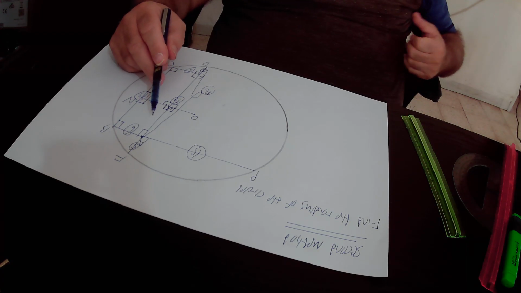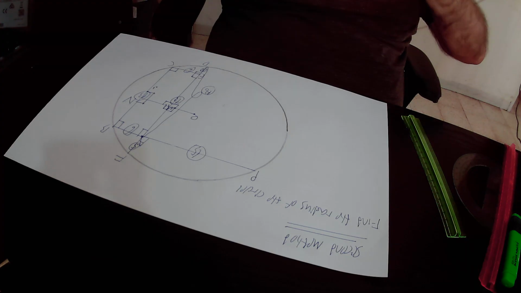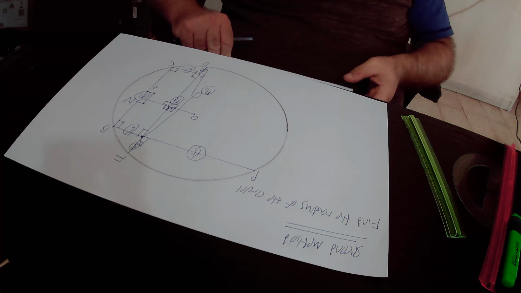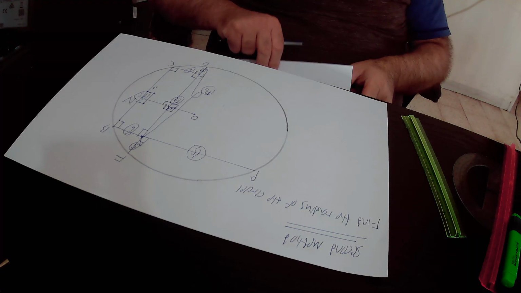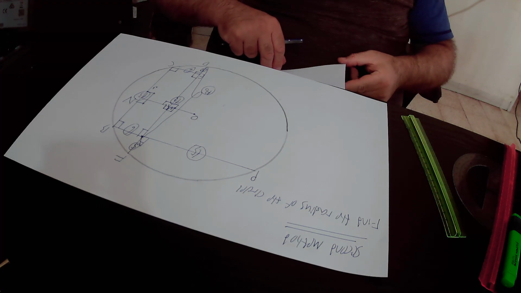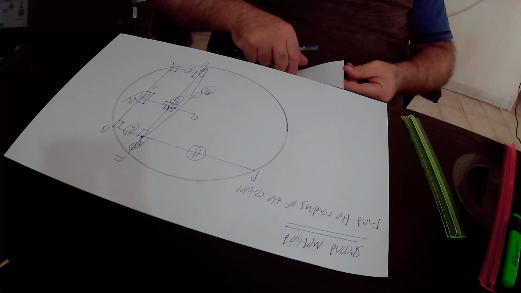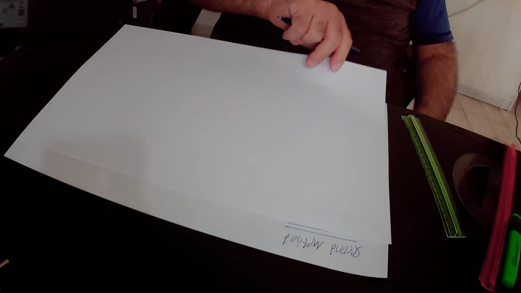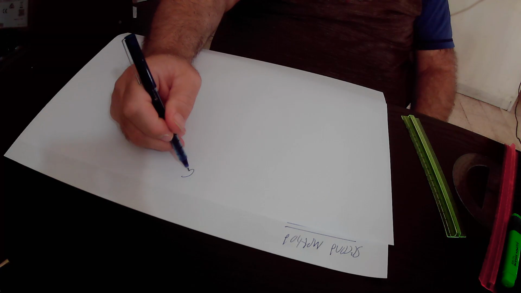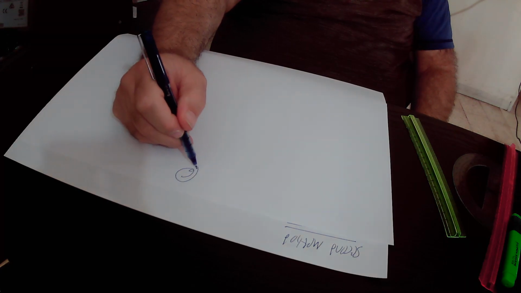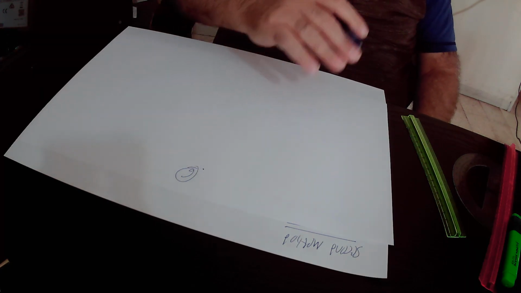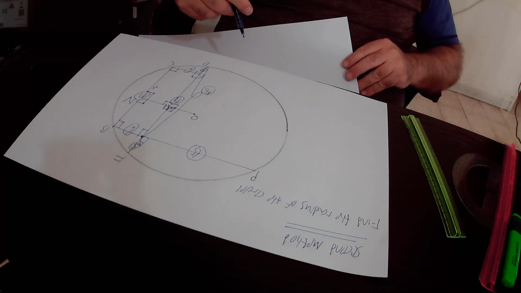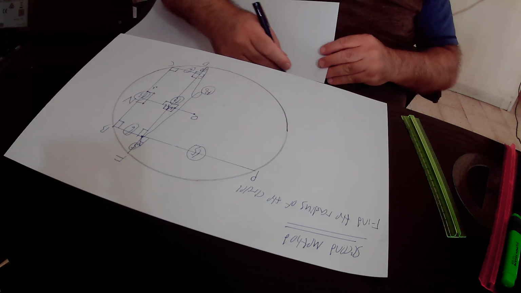Therefore we can implement here rule number 4. So I write it down. In our original drawing, chord FD is perpendicular to chord AB.